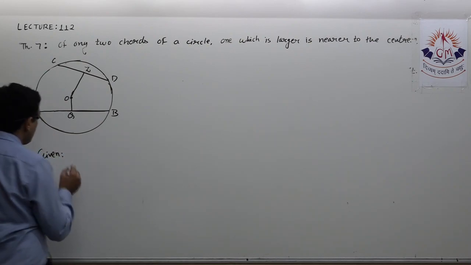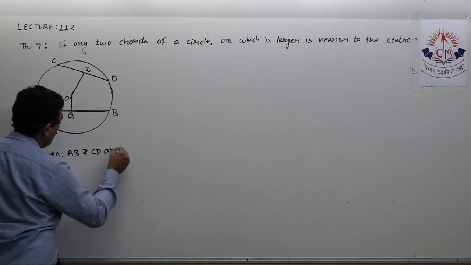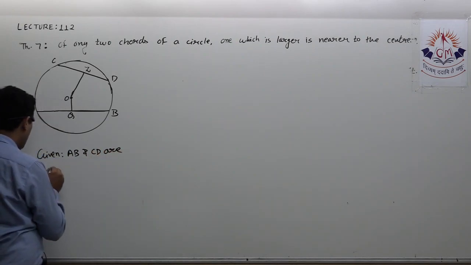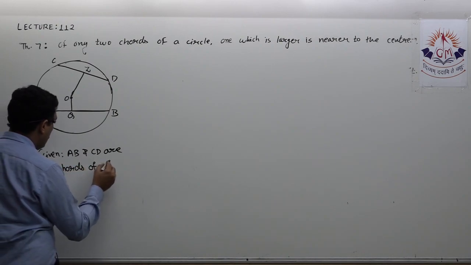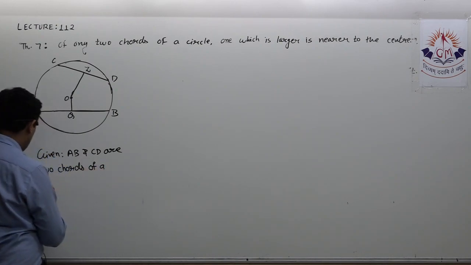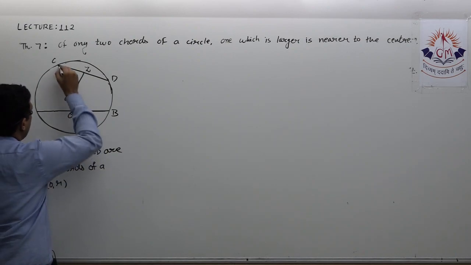Given: AB and CD are two chords of a circle O comma R. Okay, this is the radius.